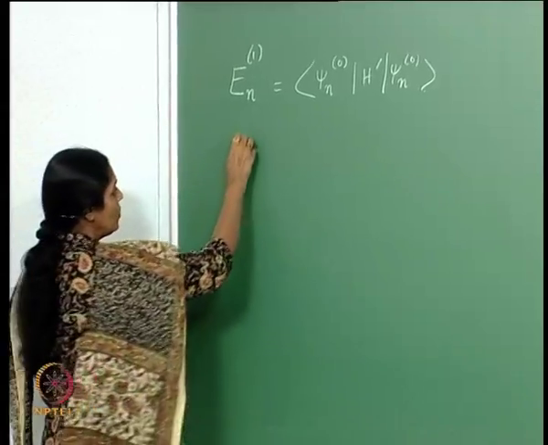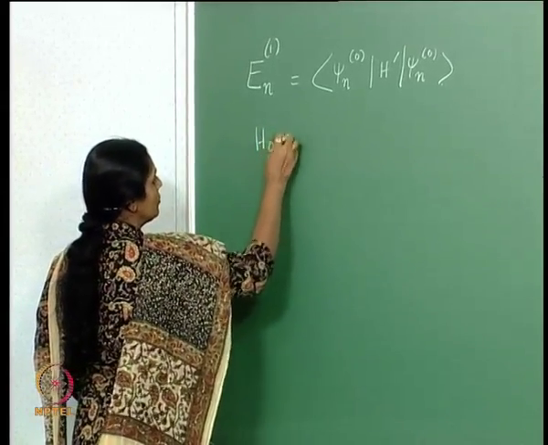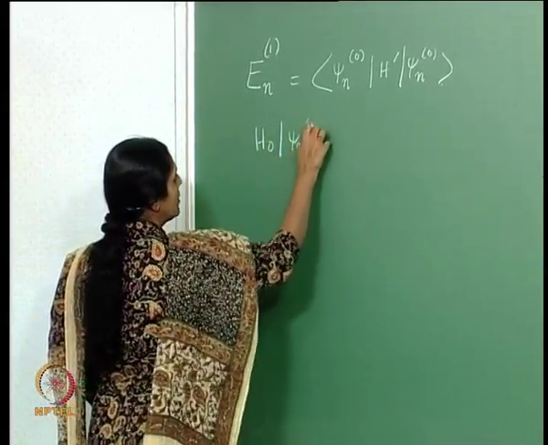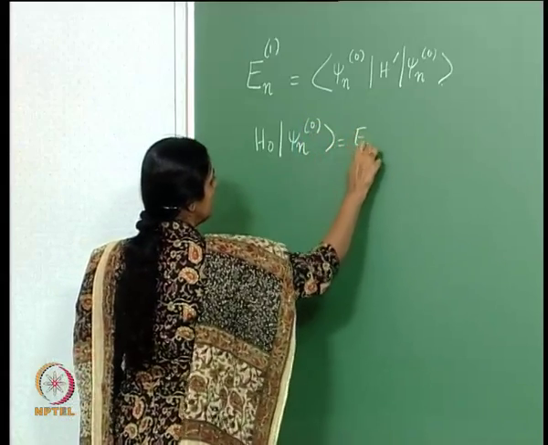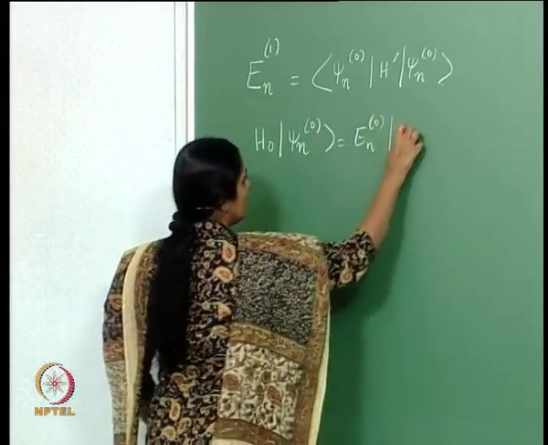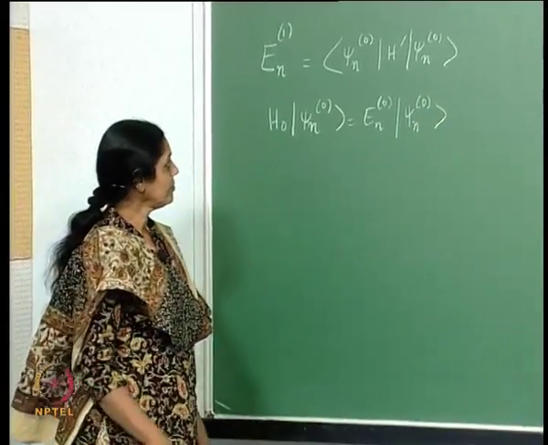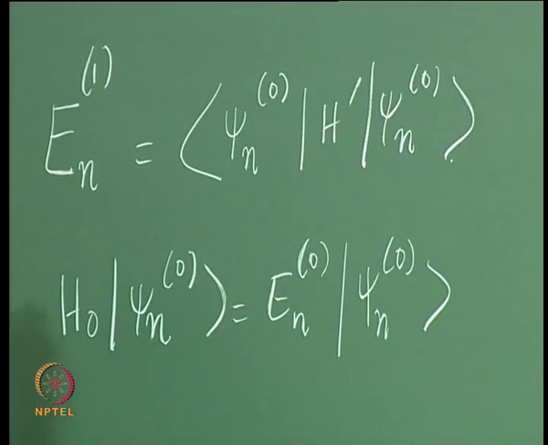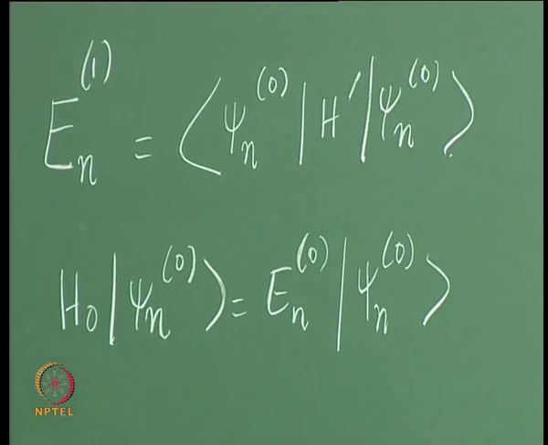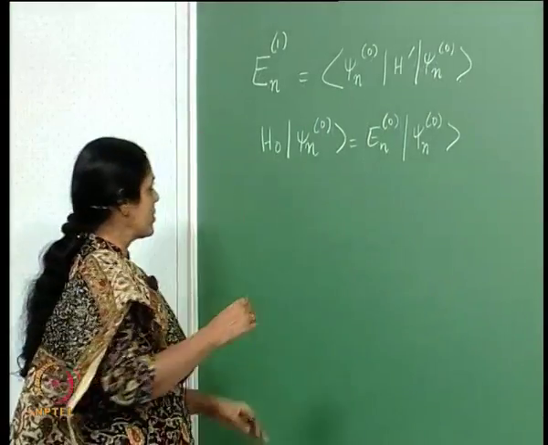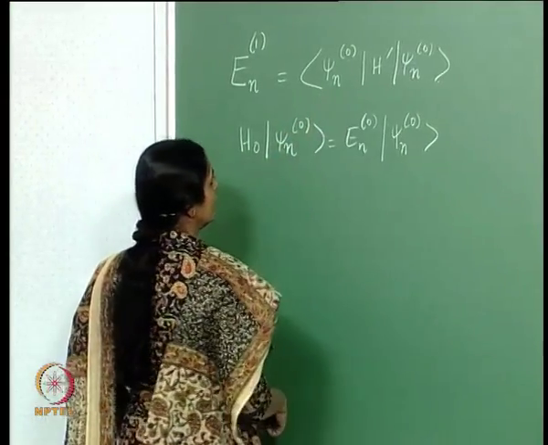And what are psi n0? They are the eigenstates of the unperturbed Hamiltonian with corresponding eigenvalues En0. So the first order contribution to the energy, or the correction to the energy once we put in the perturbation and only worry about the first order term in the perturbation, is this.